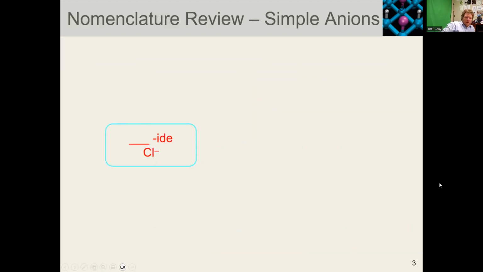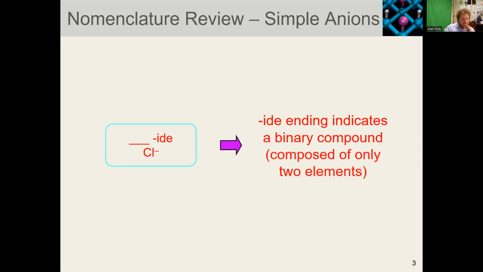Okay, so now we need to move on to a little bit of a nomenclature review. Simple anions, for instance chlorine, have this IDE suffix. Now that IDE ending indicates a binary compound, so a compound that's composed of 2 elements.